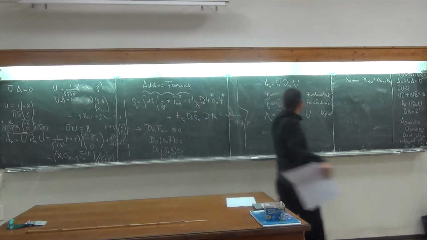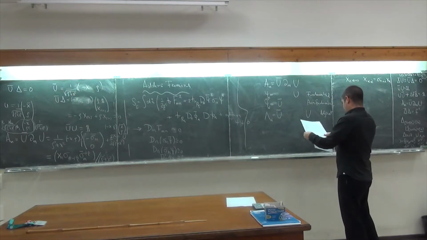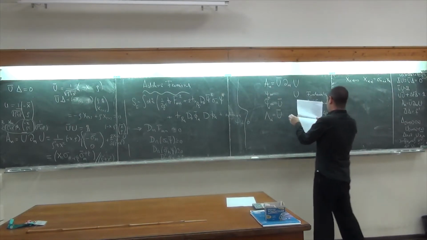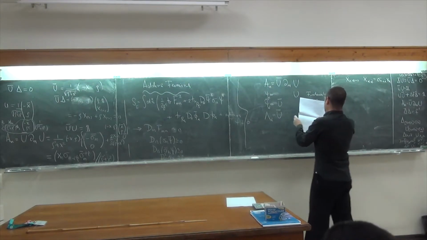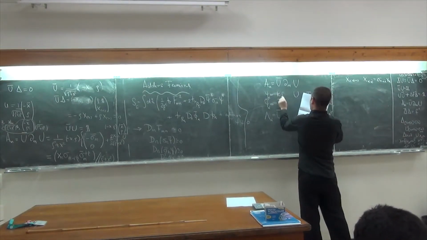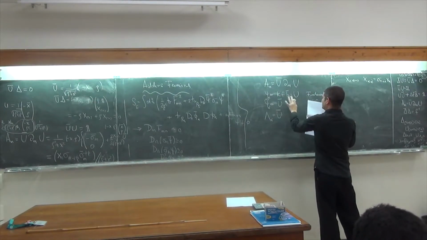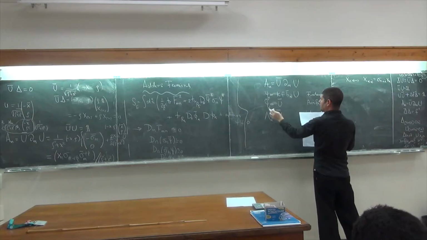We need something with index alpha. For example, K. I need something with index alpha. Let me introduce it.